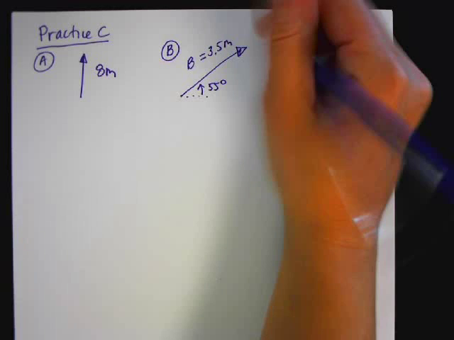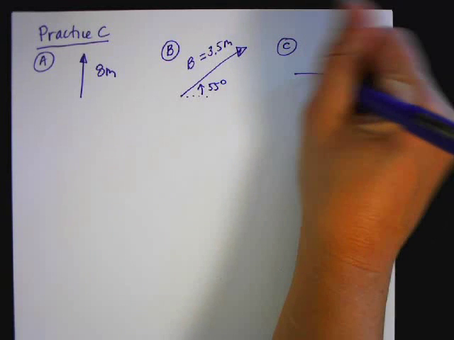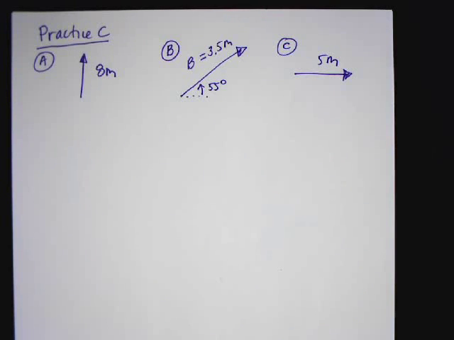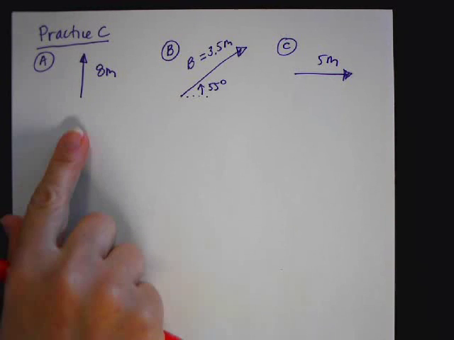So it says, what's the displacement? Displacement is a vector quantity, and it has both magnitude and direction. So basically I want to find the horizontal and vertical components of each of these. When I look at A, I need to find AX and AY.